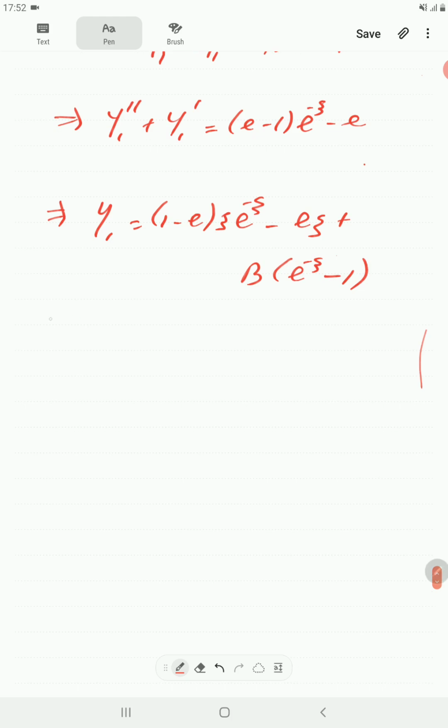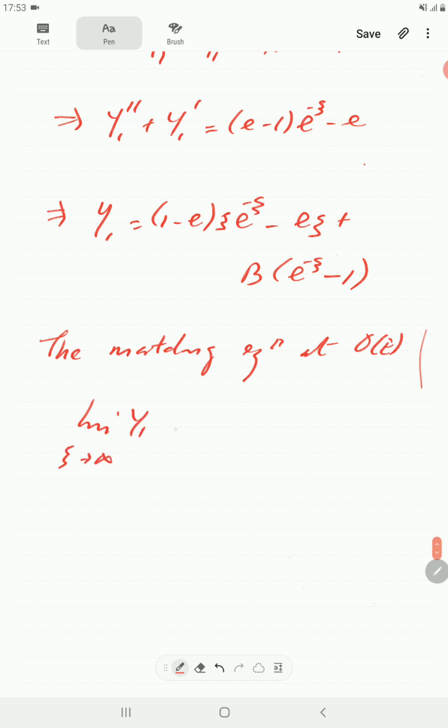The matching equation at order epsilon is going to be slightly different from the previous case. So this side is going to be y1 at 1 minus xi y0 prime at 1.